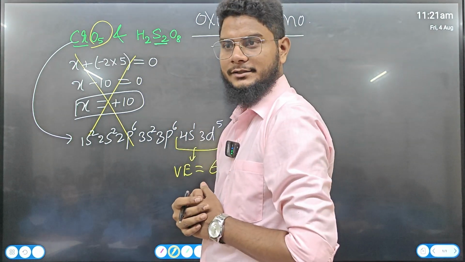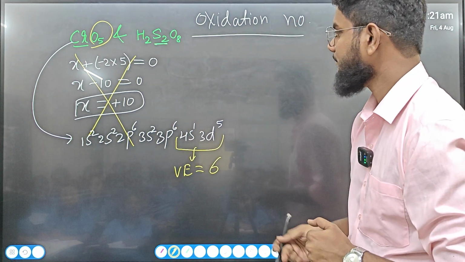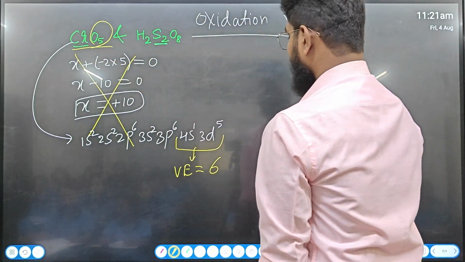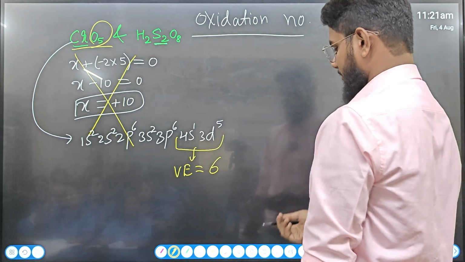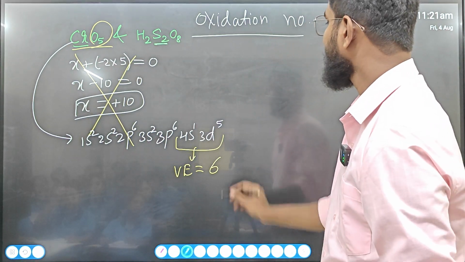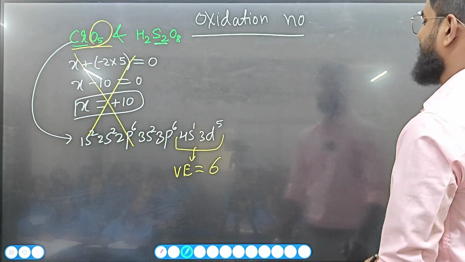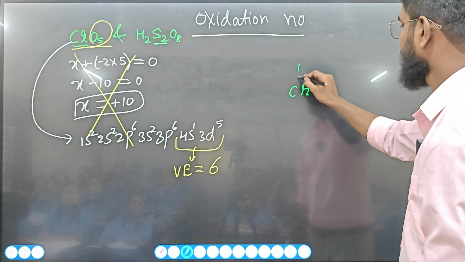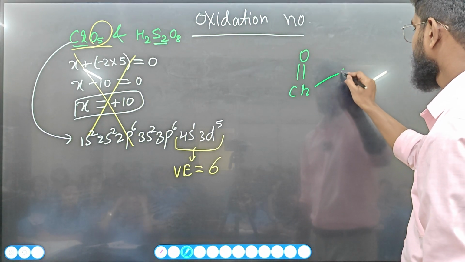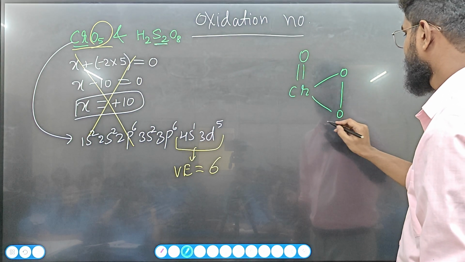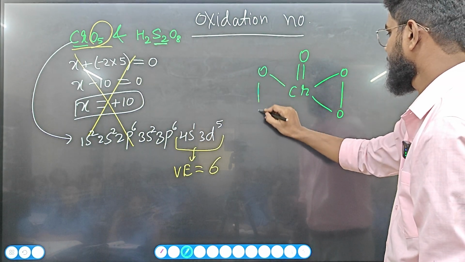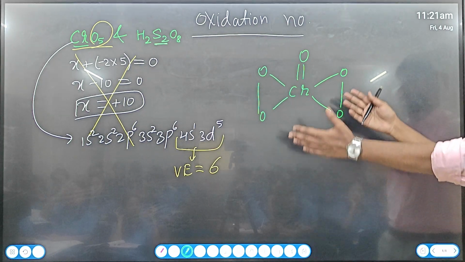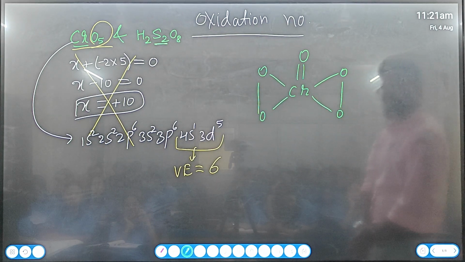How to draw the structure, that you don't know. Chromium pentaoxide has a butterfly structure. You will see the butterfly of chemistry. This looks like a butterfly.